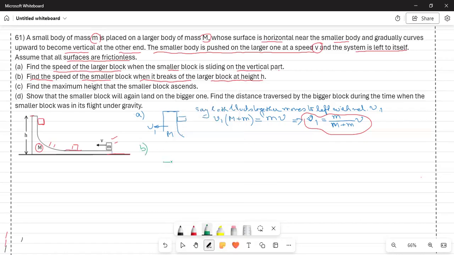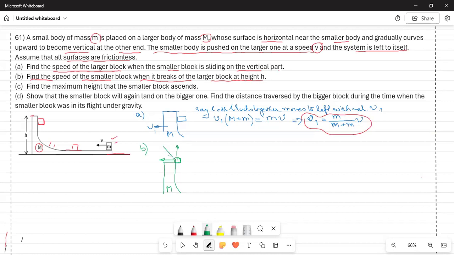There is a time when, with the larger block capital M, the smaller block will leave the larger block. Now mind it, the smaller block was going up vertically, so it will have a vertical velocity. And also it had a horizontal velocity, the velocity with which it was going towards the left along with the larger block.